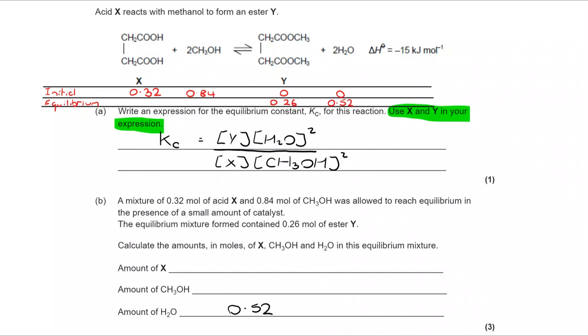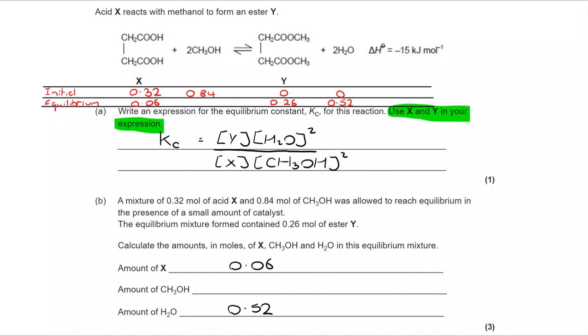For the next thing, I'm going to take a look at the H2O. Now, to determine this number, I am looking at in the equation, when I make 1 mole of Y, I make 2 moles of water. I didn't make 1 mole of Y, I made 0.26. So I'm going to make double that amount of the water.